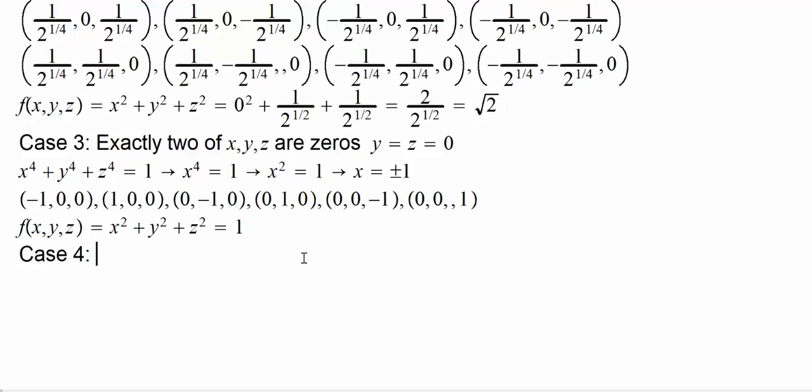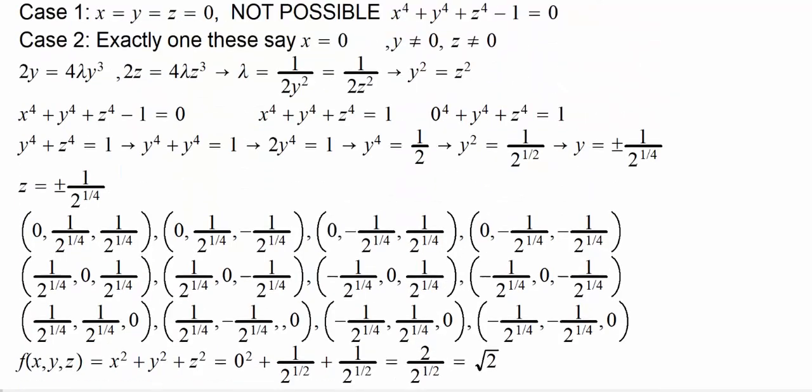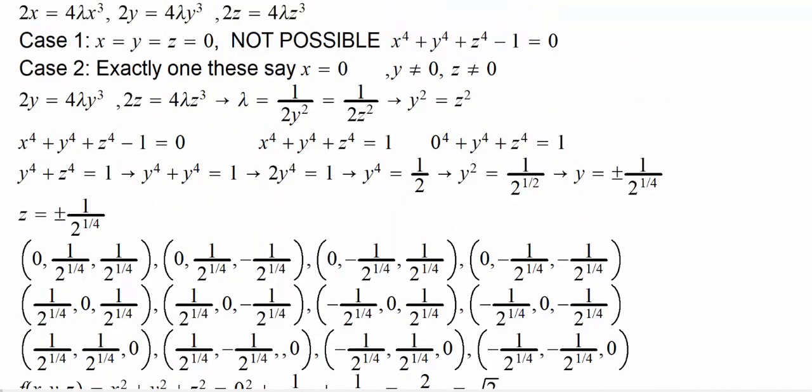In that case, all three equations will play a role. Let me recall those three equations for you.